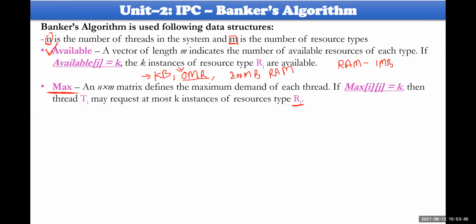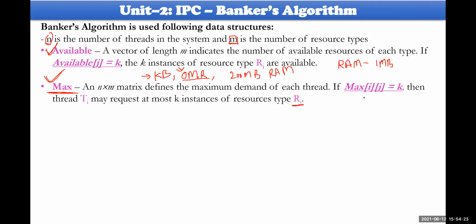In a progressive manner, as other resources come into consideration for execution, the memory size increases. The maximum memory required for our job is 200 MB, but at the starting time it is 20 MB. That is why the maximum amount of each resource type required by a thread to complete its operation is maintained in Max.